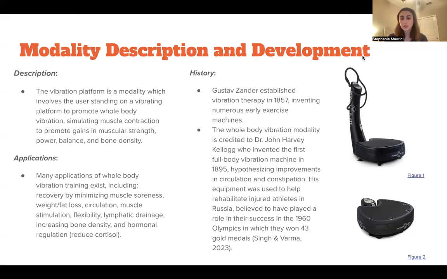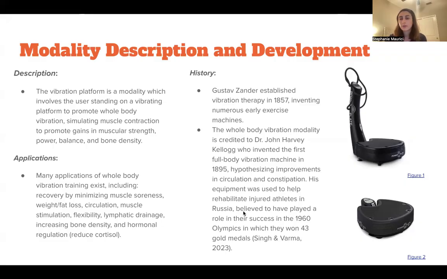His equipment was used to help rehabilitate injured athletes in Russia and was believed to have played a prominent role in their success in the 1930 Olympics, in which they won 43 gold medals. I thought that was interesting to include, and that comes from the source listed there, Singh and Varma, in their 2023 work.